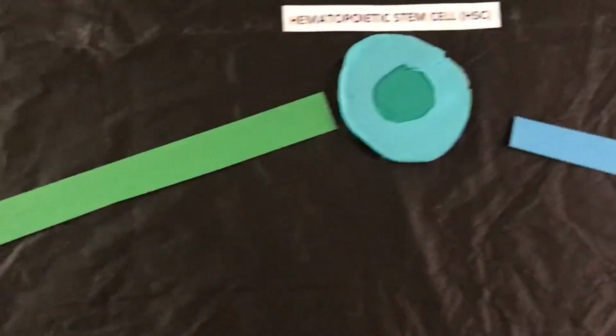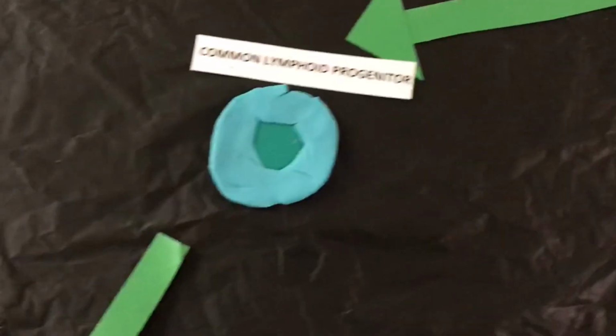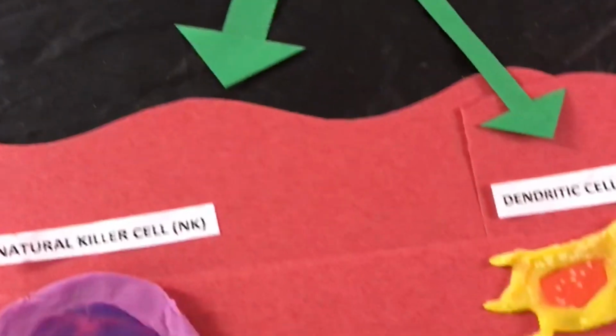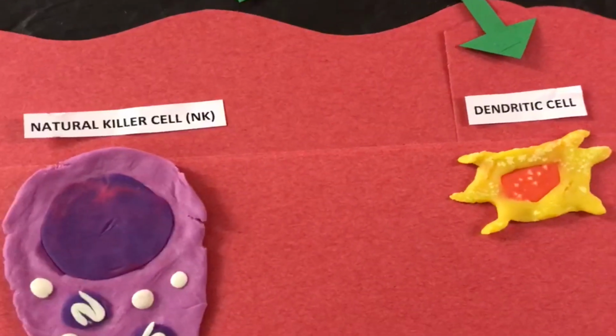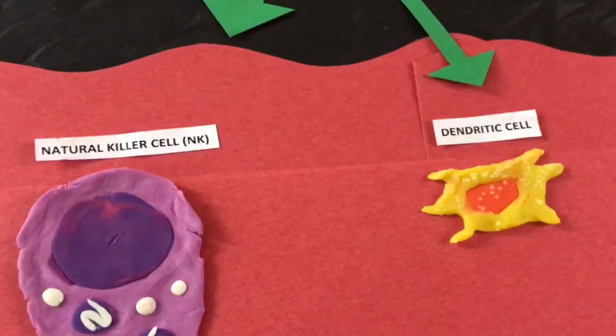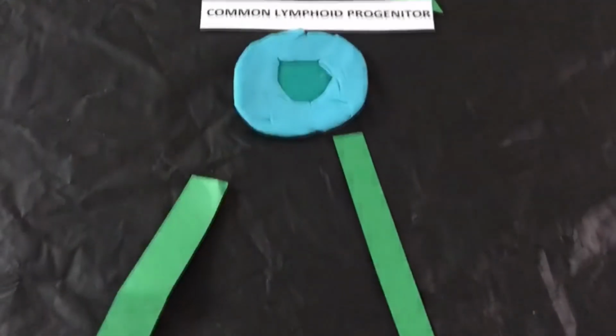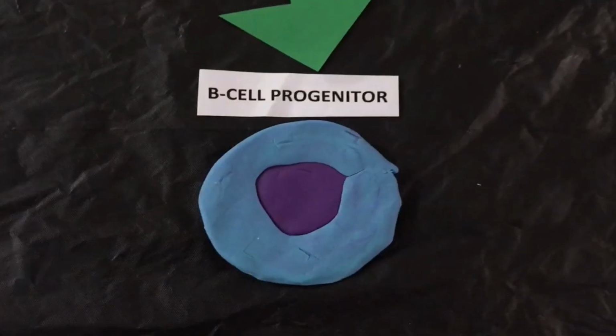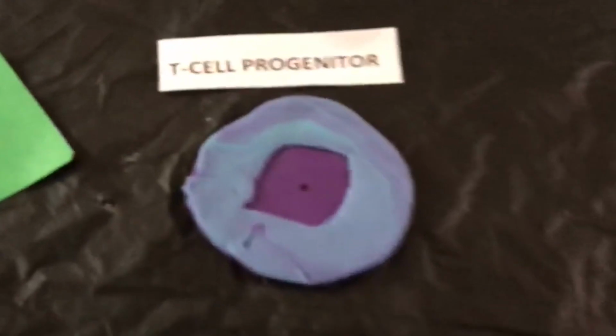Beginning with the common lymphoid progenitor, this progenitor gives rise to a mature natural killer cell, and it also gives rise to a mature dendritic cell. The common lymphoid progenitor also gives rise to a B cell progenitor and a T cell progenitor.